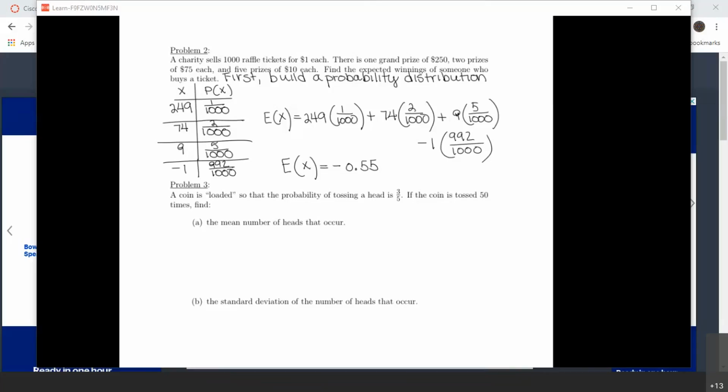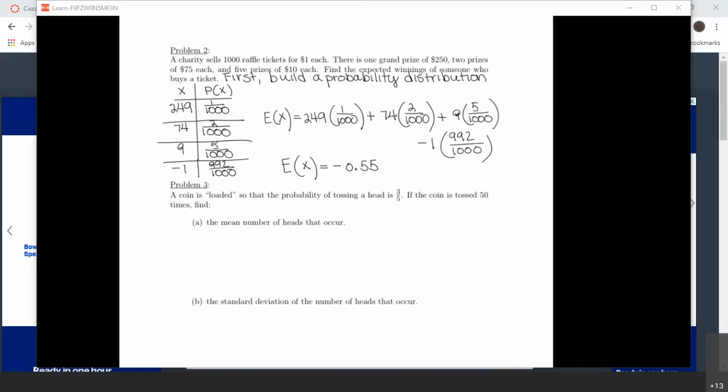No, but on average, a person spending $1 is going to lose 55 cents per ticket. More importantly, if you average out all the people who play the game, each one of them lost 55 cents, roughly. Now, either they lost $1 or they won one of the prizes. But if you average it out, the average loss is 55 cents.